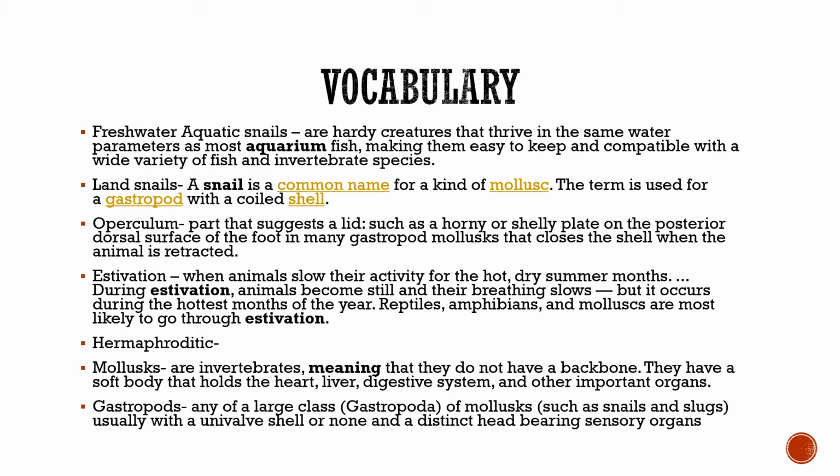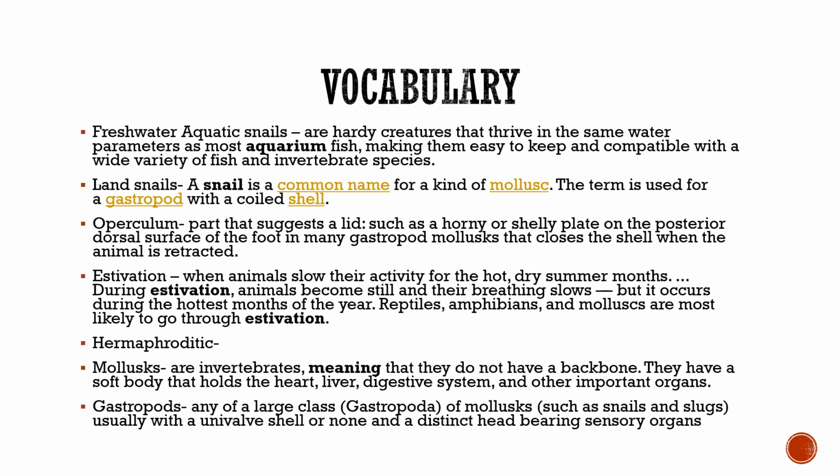Then we have our land snails, which we've talked about. A snail is the common name for a kind of mollusk. The term is used for a gastropod, which has a coiled shell. Then we went over a couple more, but a lot of that is really like the mollusk, which are invertebrates, meaning they do not have any backbone.